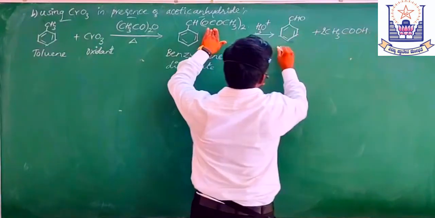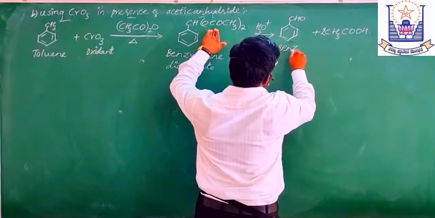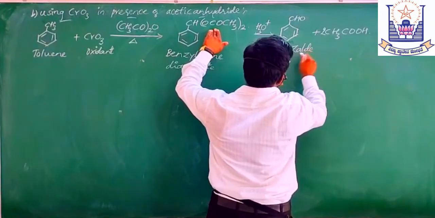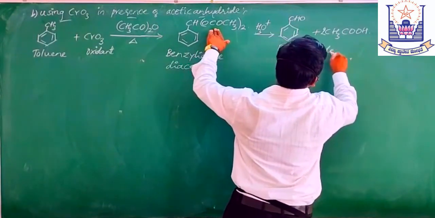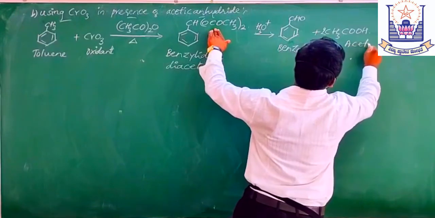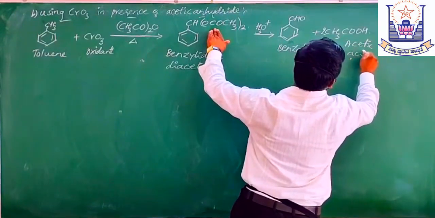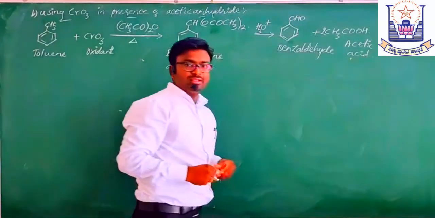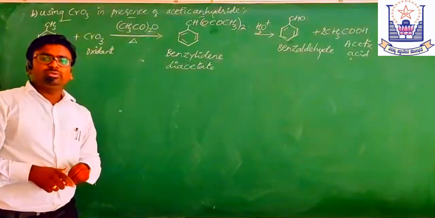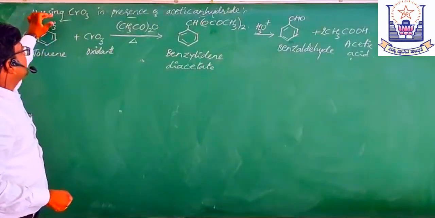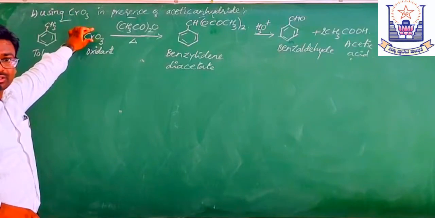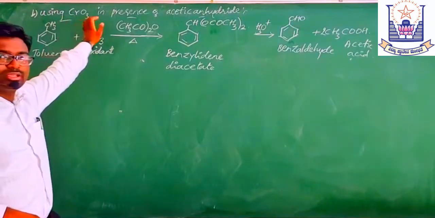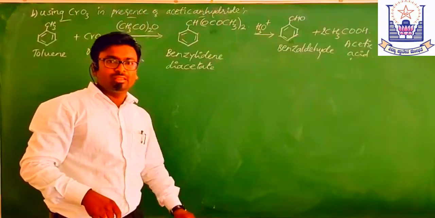What is the product? Benzaldehyde is the product, and acetic acid will be the byproduct. Here you need to understand the open chain carbon is oxidized with mild oxidizing agents to the aldehydes.